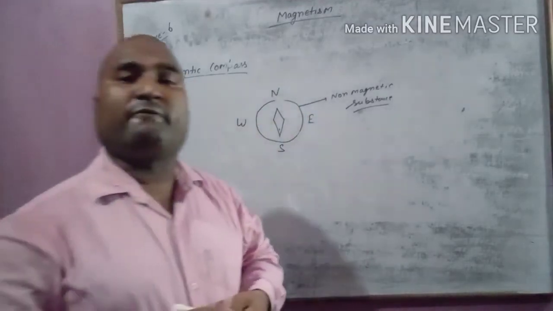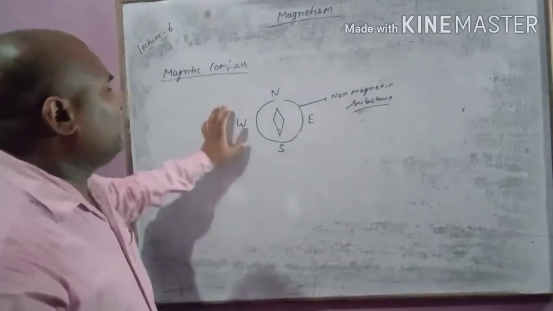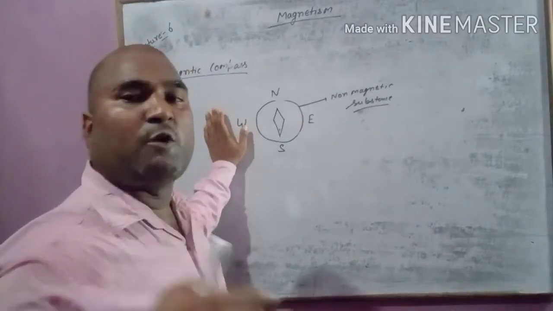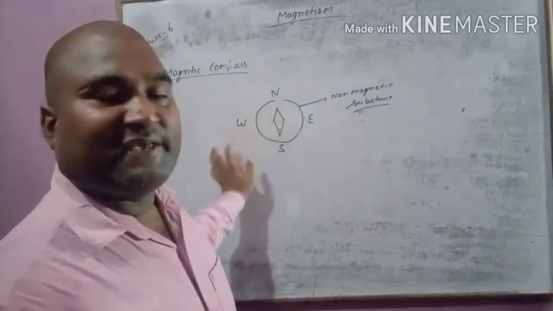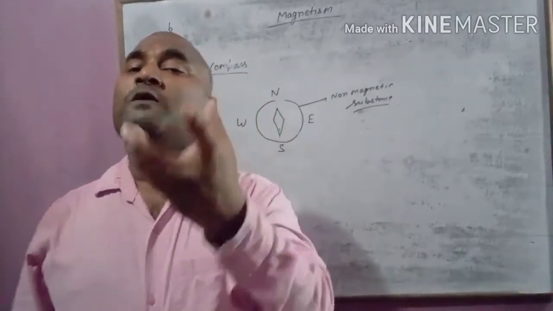So with the help of a magnetic compass you can find the direction. In olden times, travelers or persons who went on long voyages used to keep a magnetic compass. You can make your own compass.